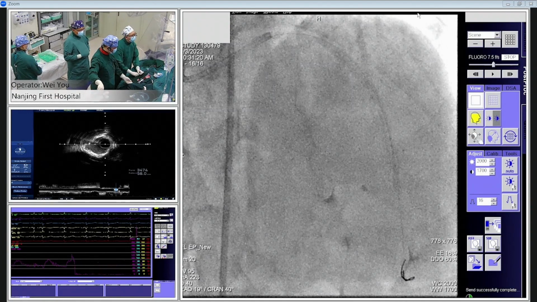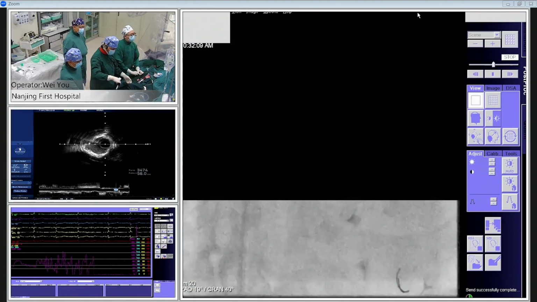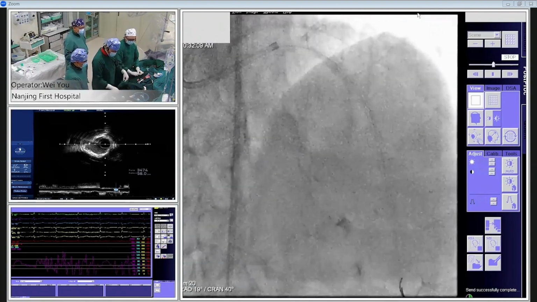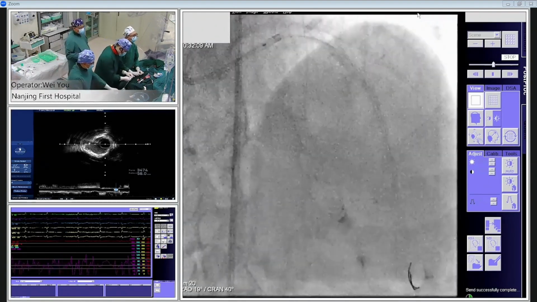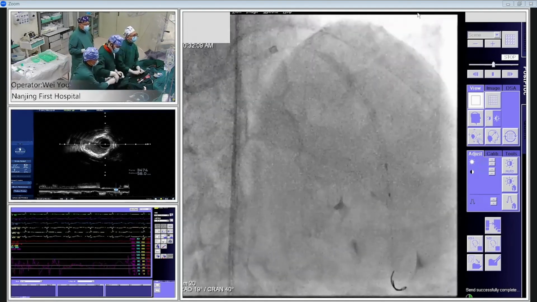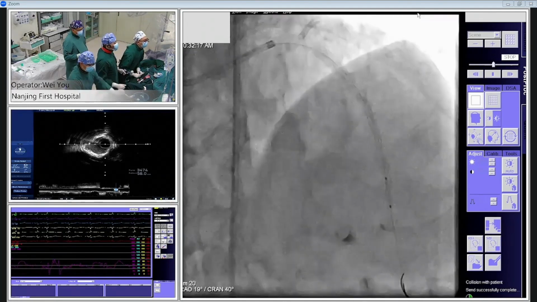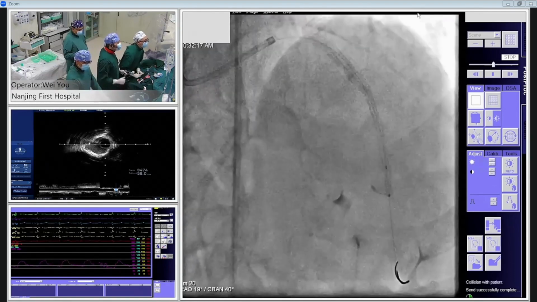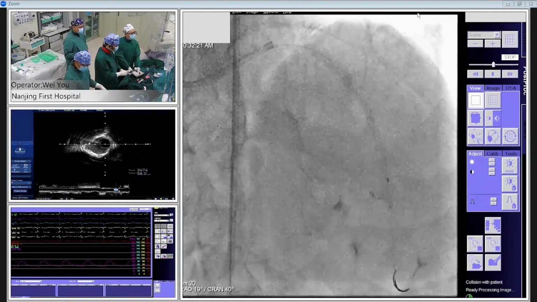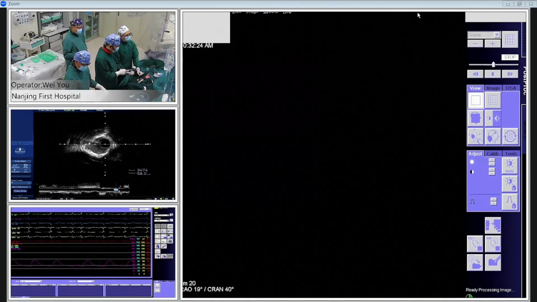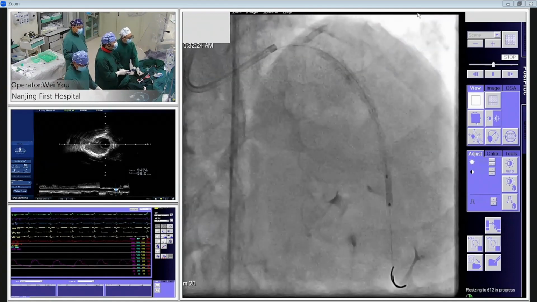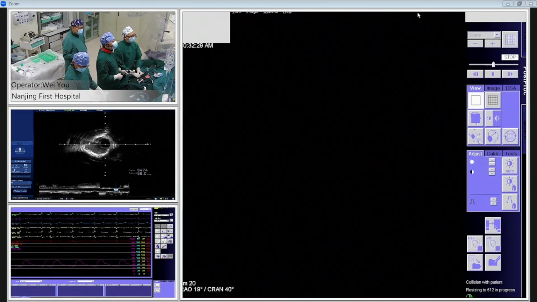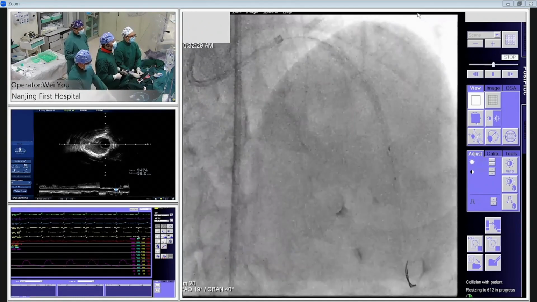So the bigger is better. Not only for BMS area, but also for DES. The cutoff value according to the ULTIMATE trial has 3 criteria. The first is minimum stent area should be at least 5.0 square millimeters, or stent expansion larger than 0.9 for a small vessel, small stent like 2.5.